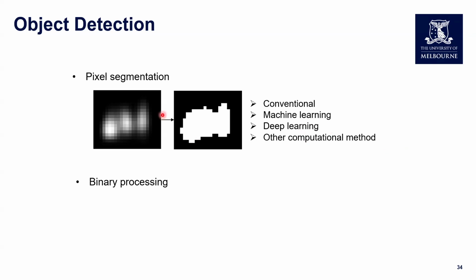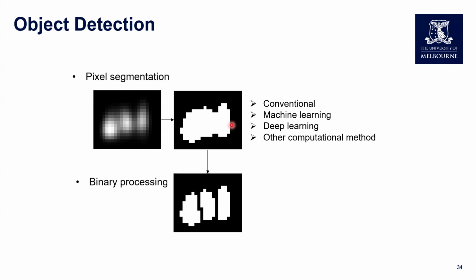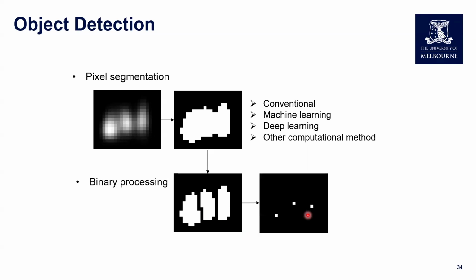Once the pixels are segmented, most of the time we need additional tidy-up processes, such as disconnecting connected components, or even generating the ultimate eroded points like this, which represent the center of particles, depending on our needs. These processes are usually done on our binarized image, so it's called binary processing.